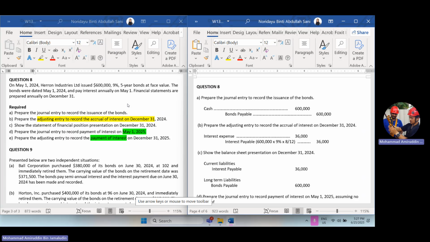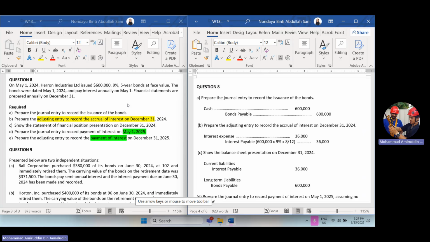Your bonds is on 1st May 2024. Your financial year or your period should be 1st January 2024 until 31st December 2024.